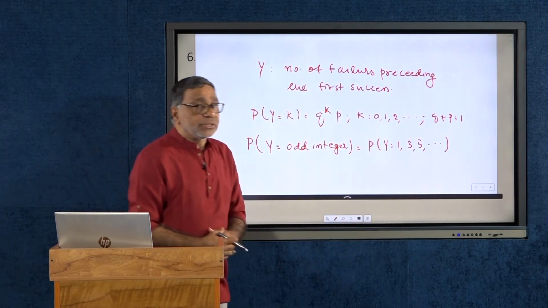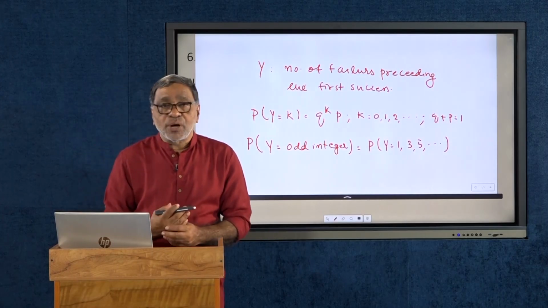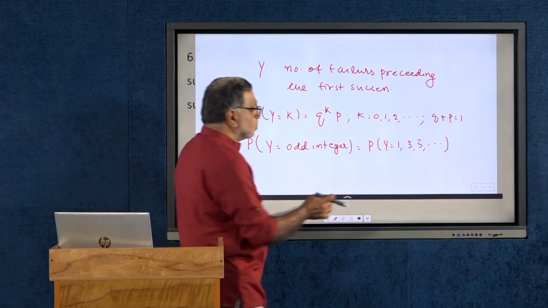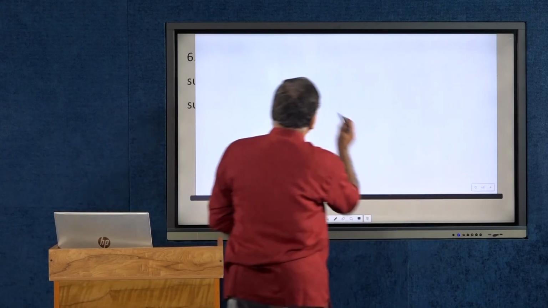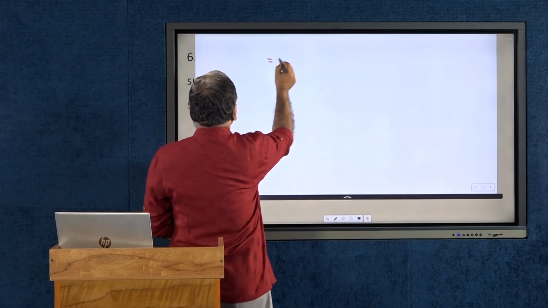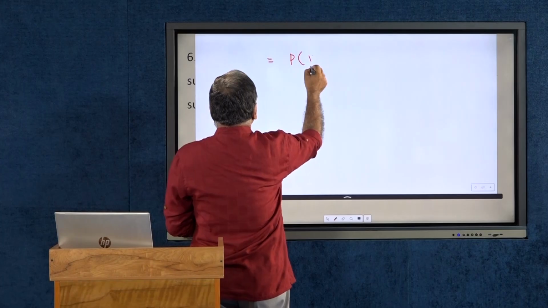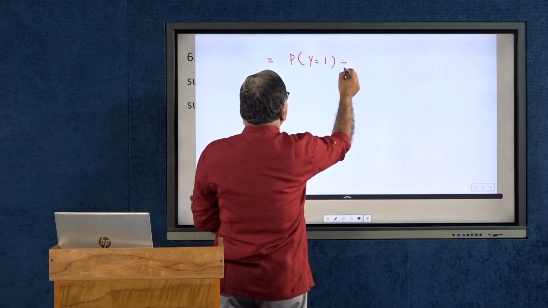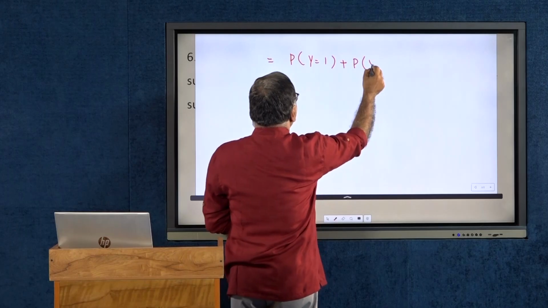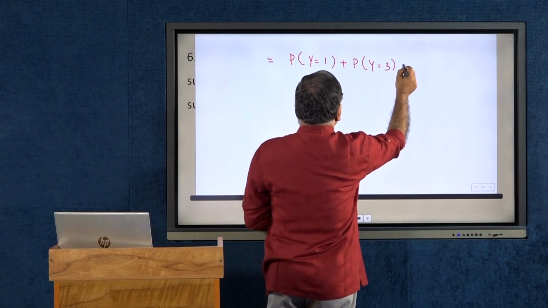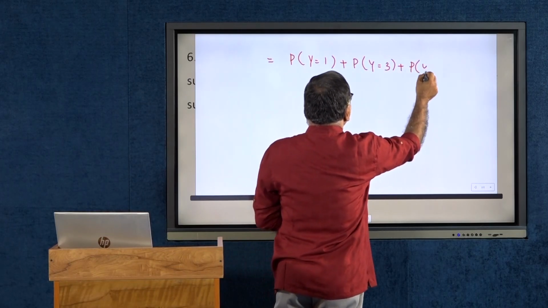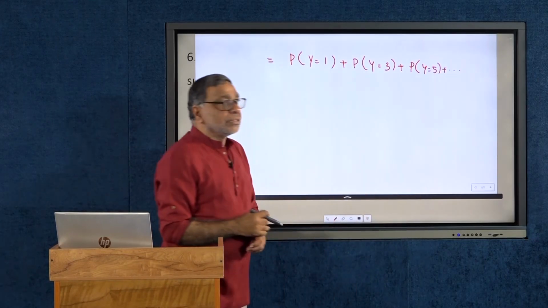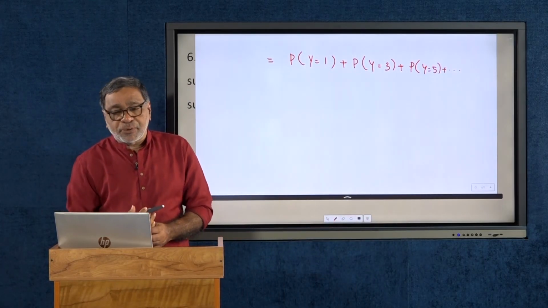What is the probability that y is equal to 1 or y is equal to 3 or y is equal to 5, etc.? To find this, we know the probability of y equal to 1, 3, 5, etc. means the probability of y equal to 1 plus the probability of y equal to 3 plus the probability of y equal to 5, etc. And substitute the probability values.